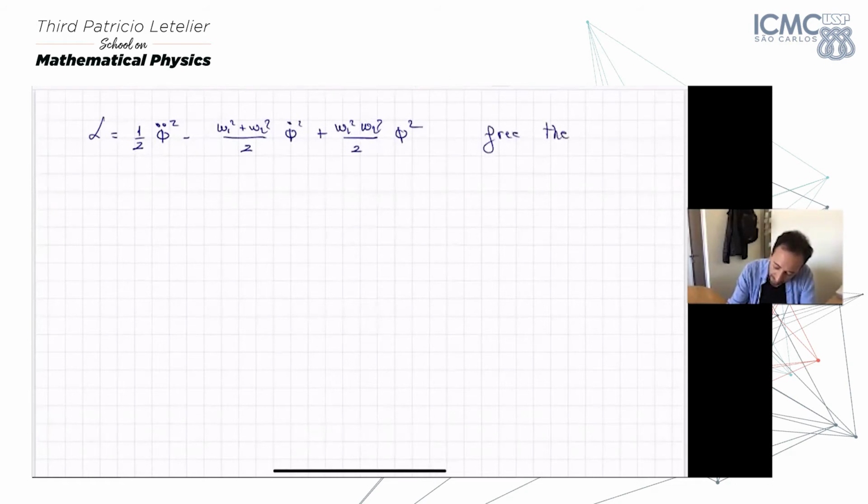And I would like to quantize that theory. I will use canonical quantization. But for that, first of all, I will rewrite it differently, because with higher derivatives, things are not that trivial.